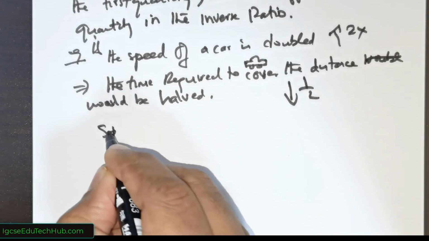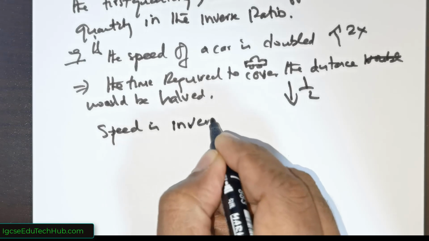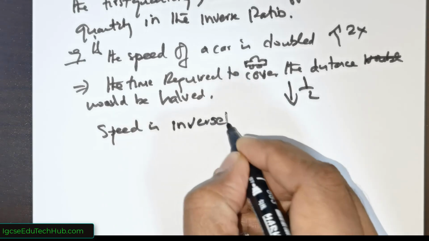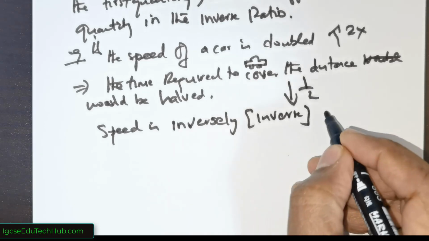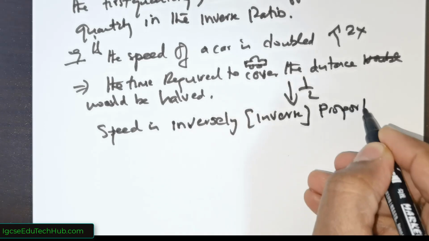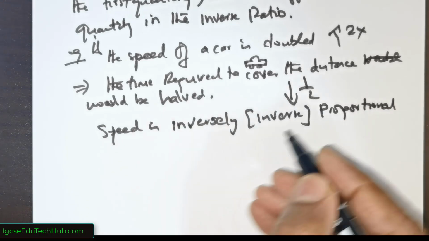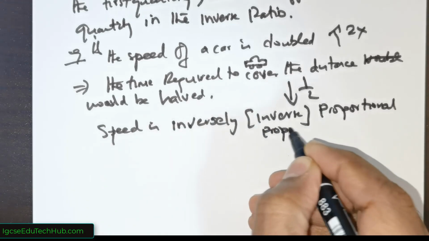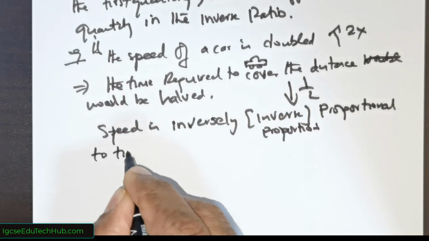So that means speed is inversely proportional to time. You can use the term inversely or inverse proportion. If you're using proportional, you've got to use inversely. If you're using inverse, you can say inverse proportion. I'm using inversely proportional to time.